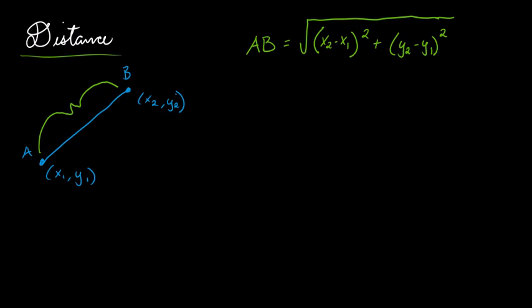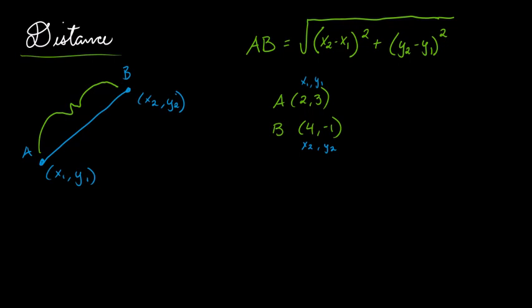So if I look at an example, let's go ahead and say that A is 2, 3, and B is equal to 4, negative 1. Let's go ahead and plug in our x values. I'm going to choose A to be x1, y1, and B to be x2, y2.